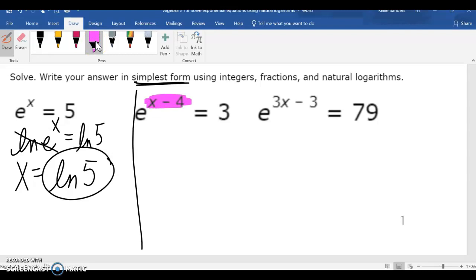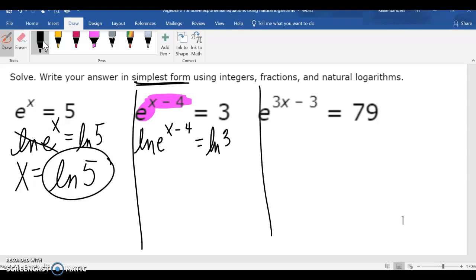This x, the 4 is with the x this time, right? So we're not going to add 4 to both sides because the 4 isn't with the exponent. So we're going to natural log e to the x minus 4 equals natural log 3. Those cancel out. We're left with x minus 4 equals natural log 3.